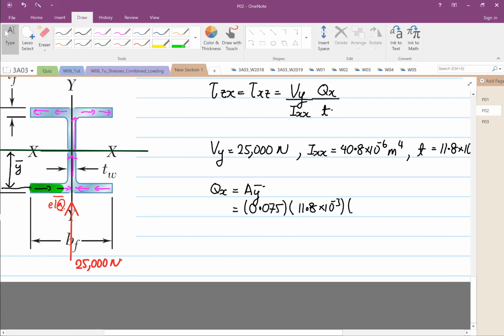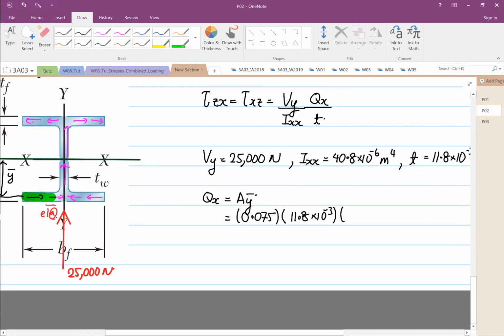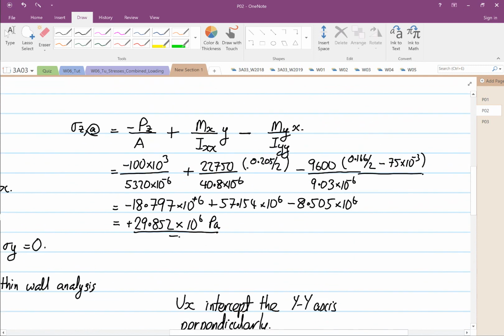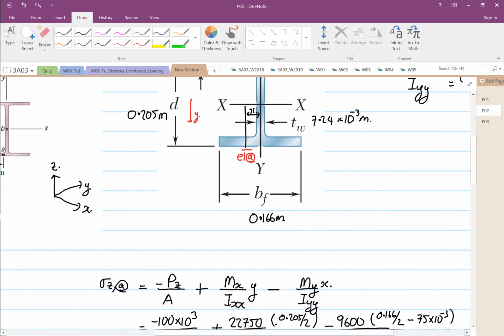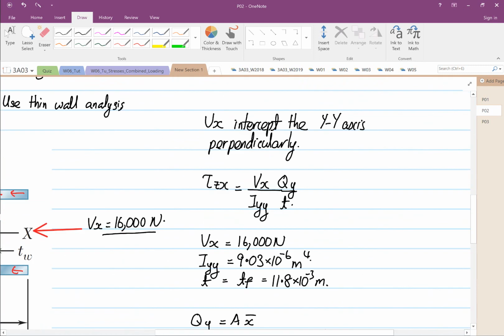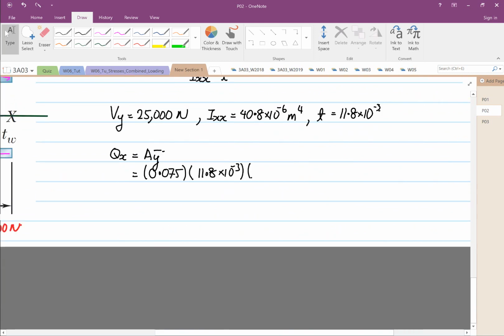So D, the value we got for D is 166. So let's check. D is equal to 0.205, not 166, 0.205 minus 11.8 divided by 2.